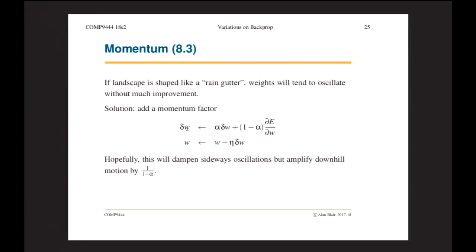So we say, okay, I have this number dW which represents an average gradient over several recent examples, and then when I observe a new example, I have this number alpha. A typical value for alpha might be like 0.9.